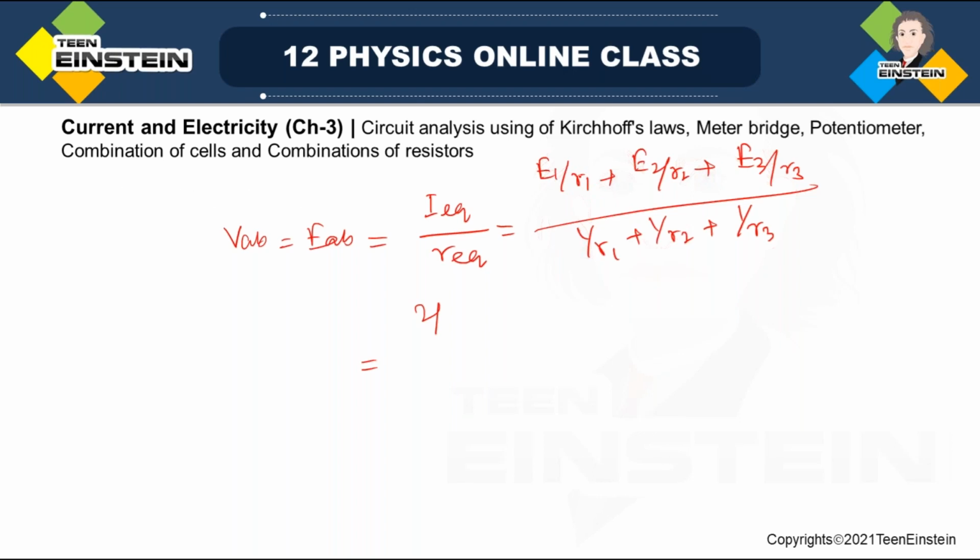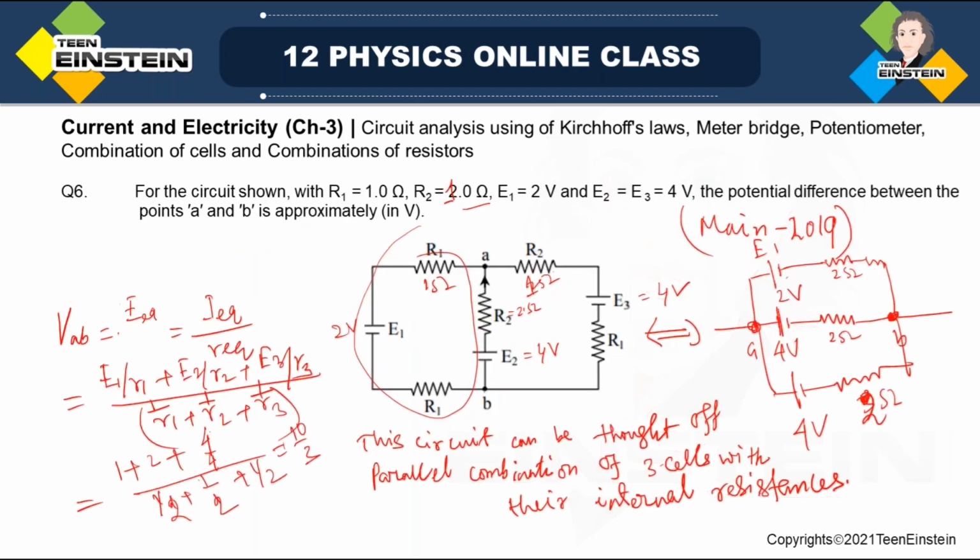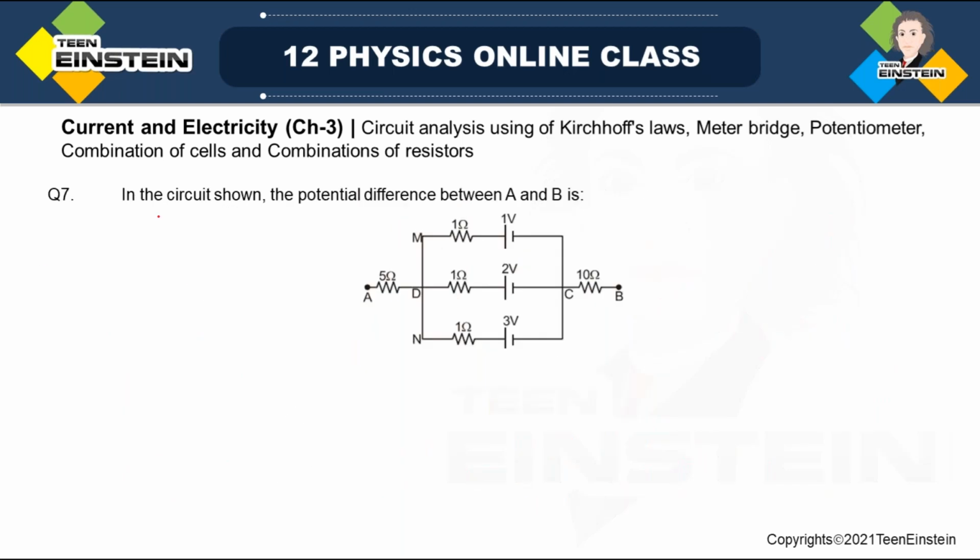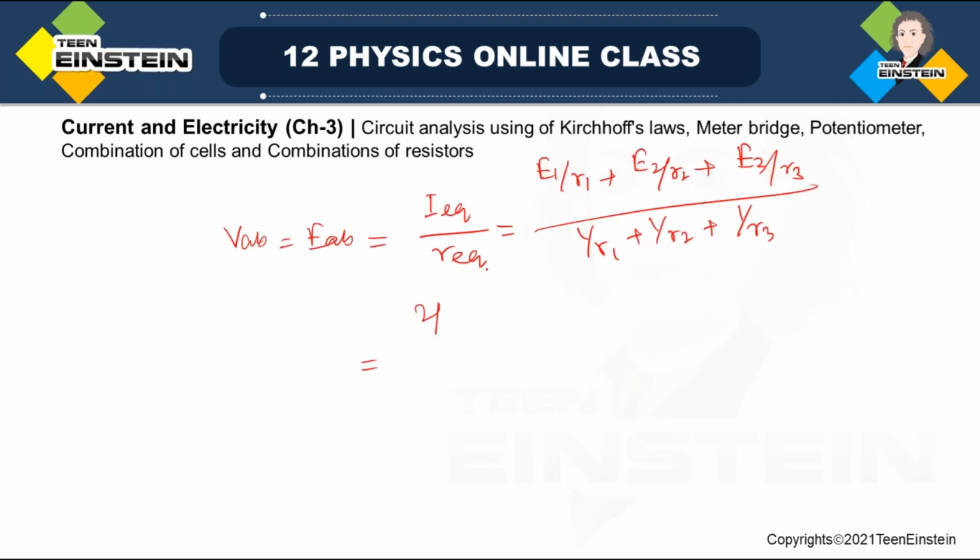In fact, we have to see the equivalent. Okay, let me just do it here. Equivalent circuit has actually E1 R1, E2 R2.